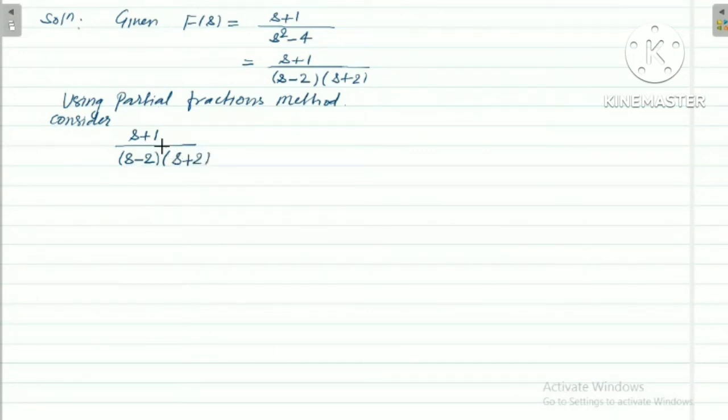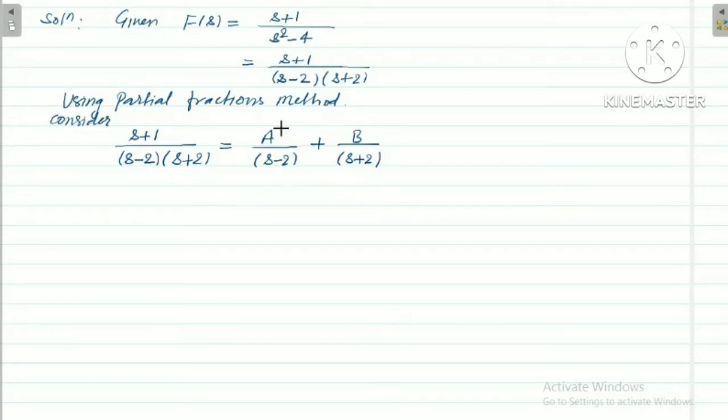We express this function as a sum of linear factors. So we write A over the first linear factor, s minus 2, plus B over the second linear factor, s plus 2. This is the partial fraction.